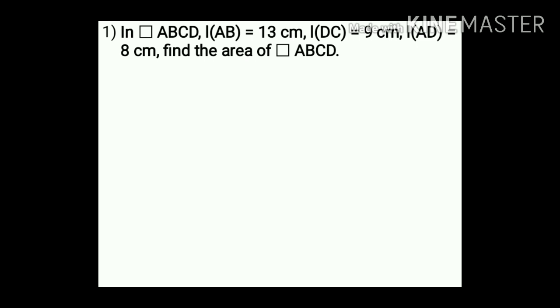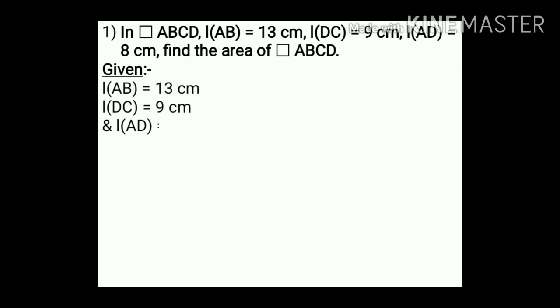Now, first of all, we write the given. Length AB equals 13 cm. Length DC equals 9 cm. And length AD equals 8 cm.